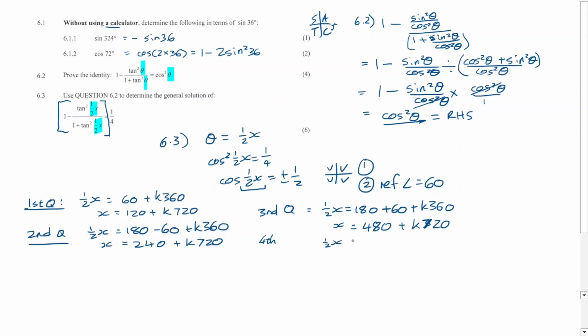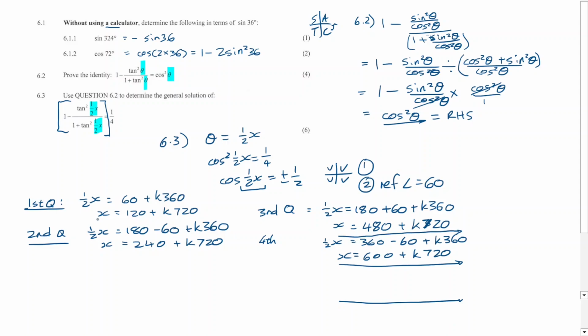It will normally be 360 minus the reference angle. And again, that's just 300. When you double it, it's 600 plus K720. And that is your arduous 4 general solutions, which is quite a unique case. But it was just because we had the issue of plus minus, which covered all 4 of the quadrants.